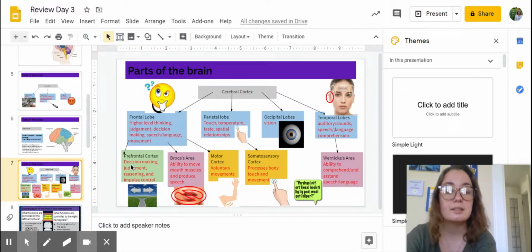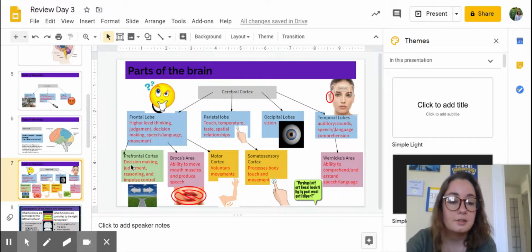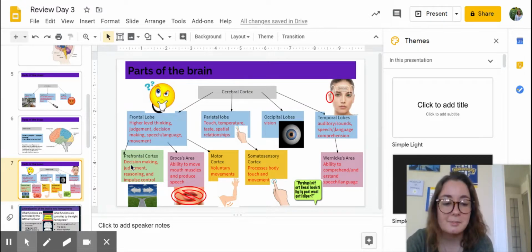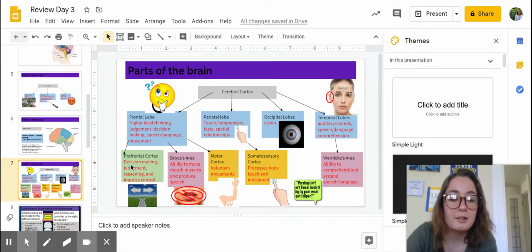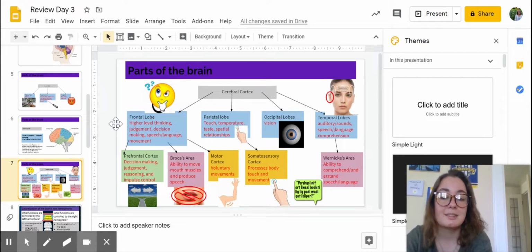Judgment, reasoning skills, impulse control. And that's why we say that teenagers often do not fully have these, as you guys might know, because you're still developing. So you can tell mom and dad next time you do something stupid, well, oh, my prefrontal cortex isn't fully developed, so my decision-making skills aren't all there.